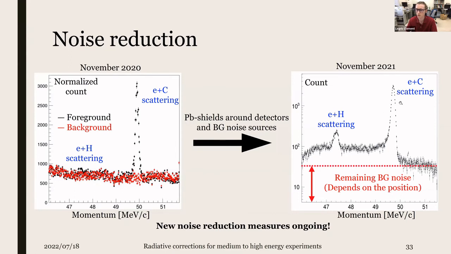Here we can see the electron-carbon scattering peak and the electron-hydrogen scattering peak, as well as the electron-carbon radiation tail. But we still have a remaining background noise. For example, here it is also a bit too important. And so we have new noise reduction measures ongoing.